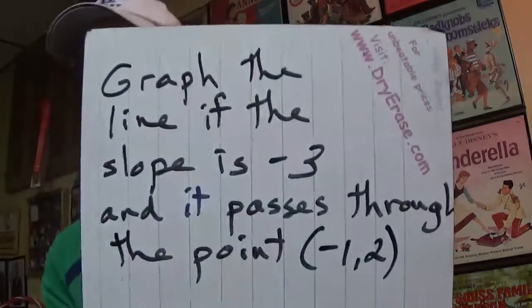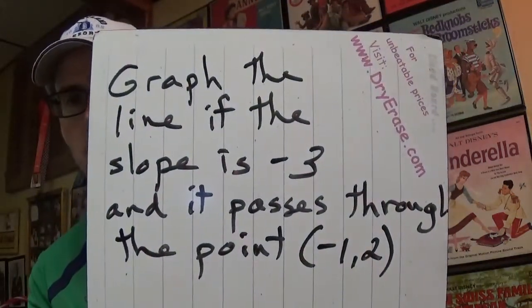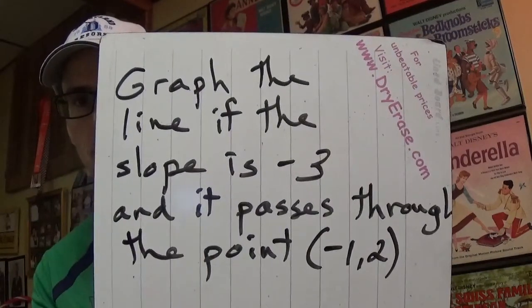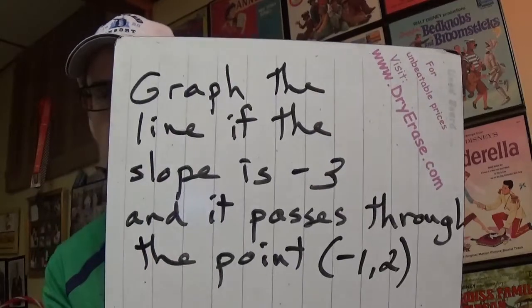If I ask you to graph on this assignment: graph the line if the slope is -3 and the line passes through the point -1, 2. Graph the line if the slope is -3 and it passes through the point -1, 2.